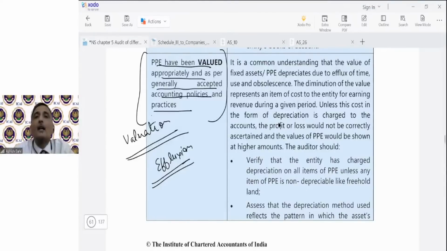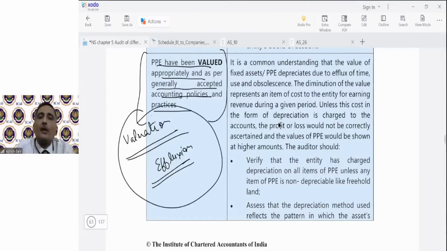Okay. So, therefore, depreciation is charged to show true profits, because if depreciation is not charged, then the financial statements would not show the cost relating to this obsolescence.